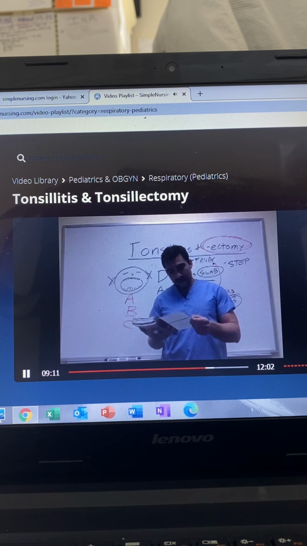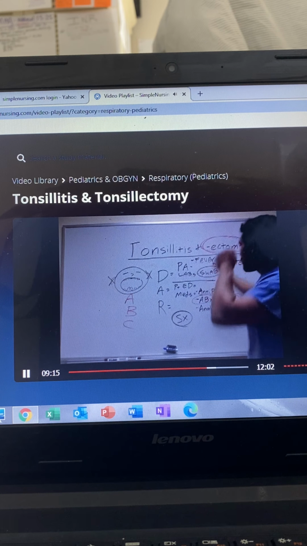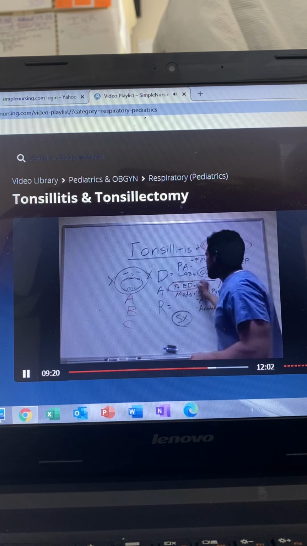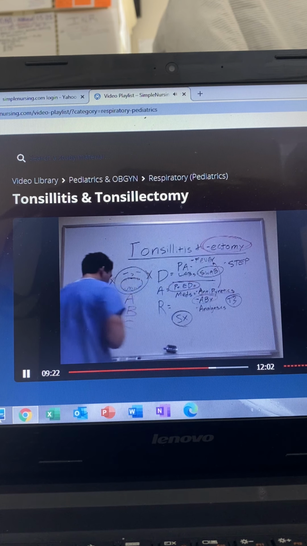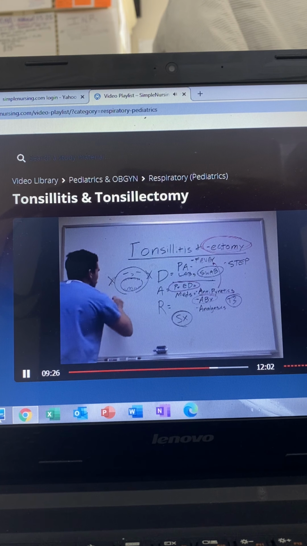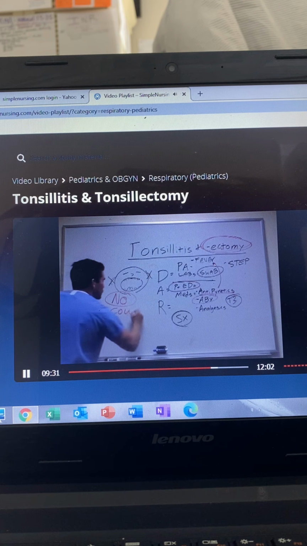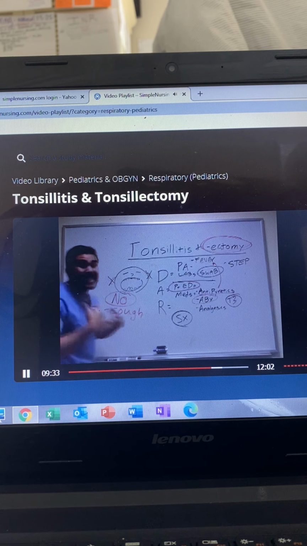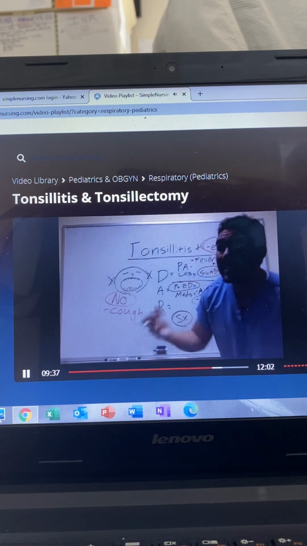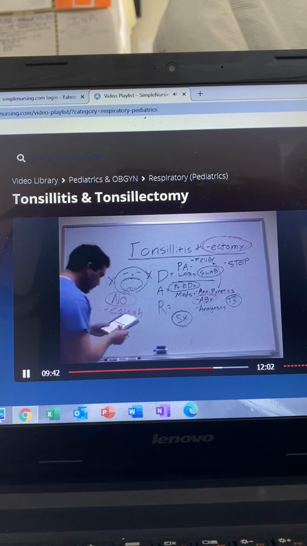Let's see here. For your instructions for your patients, here's a big one. For post-op patient education, these are big here, so write these down. We have our no-nos here. No excessive coughing, okay? We don't want to bust a stitch inside of our patient's mouth here.